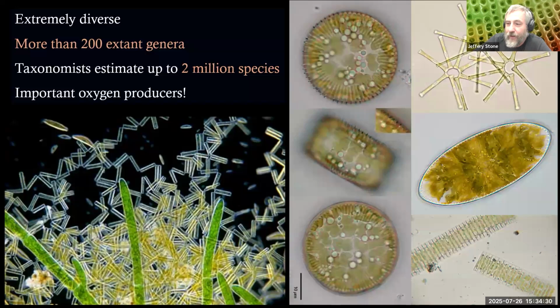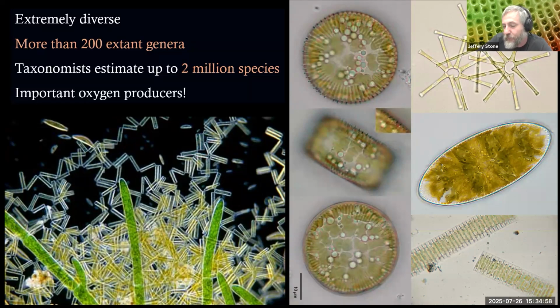To expand on that, I wanted to say that diatoms are extremely diverse. One of the things that we know about them is that there are more than 200 extant genera, and probably that number is growing every day as we see more and more diversity becoming clearer to us. There are some estimates currently that there may be as many as 2 million diatom species.